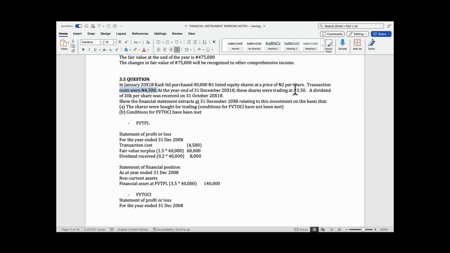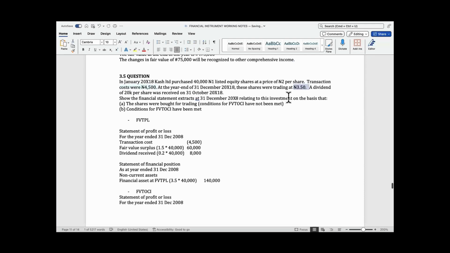Also, these gains, the fair value surplus, will go to OCI. The only thing that comes to PL is just the dividend received. Just the same thing here. That's the only amount that comes to PL.